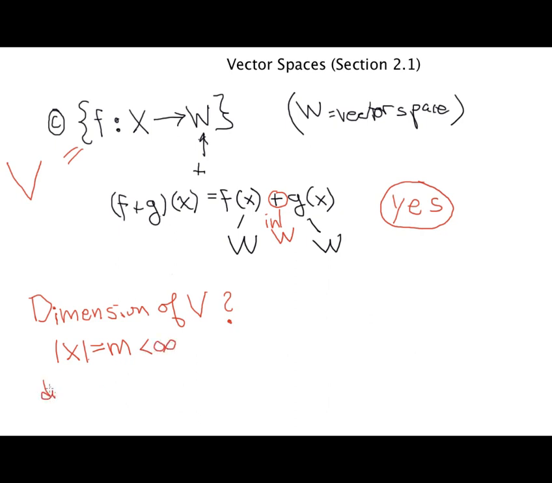And suppose that the dimension of this target space W was n, which is also finite. What does that make the dimension of V, whatever that means? Well, I claim that it's m times n, that there are essentially that many different functions in this space. And I'll let you think about that, and we can talk about it in class tomorrow. See you then.